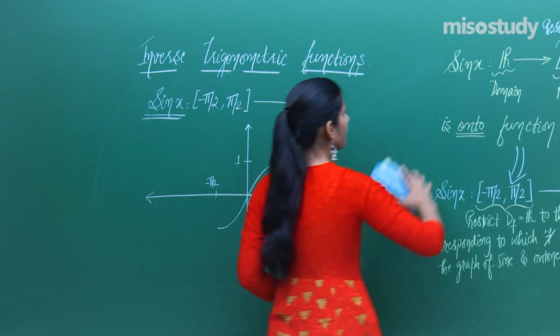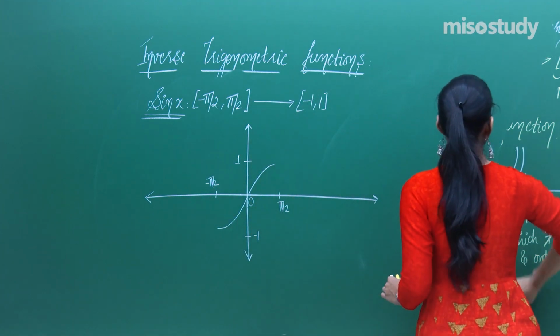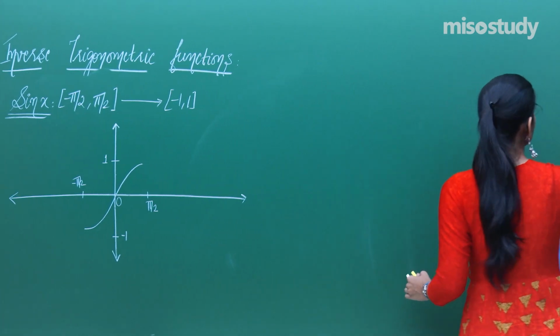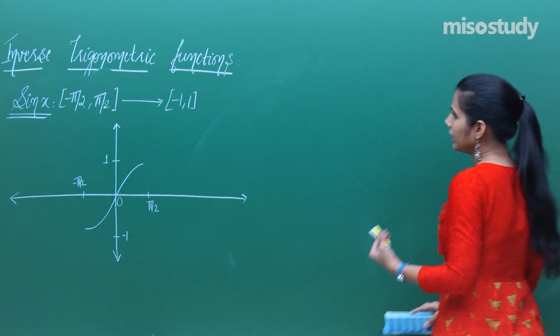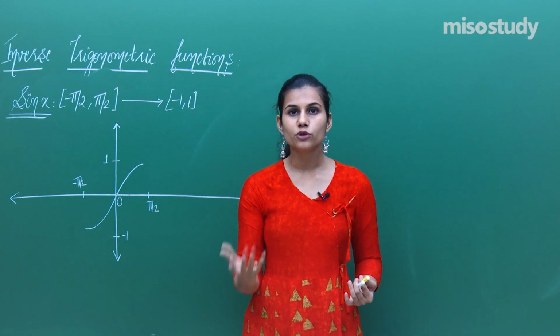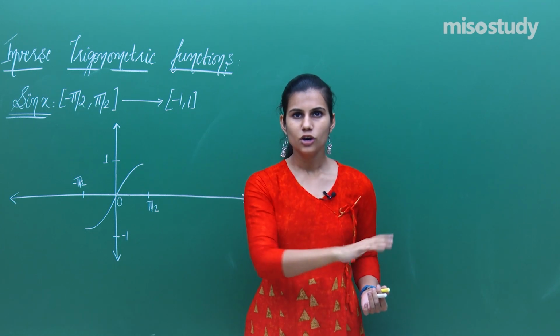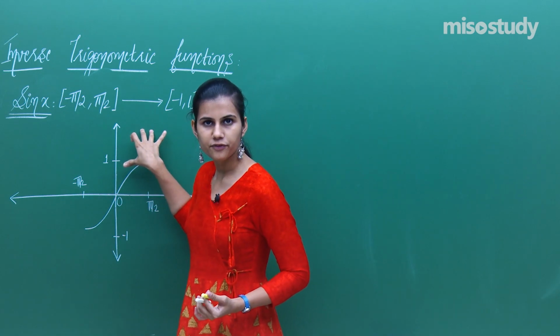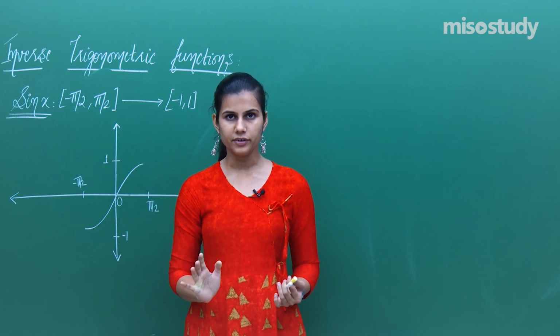Now, I am interested in the graph of sine inverse. Now I am going to teach you a drill, something that is always going to help you in your entire life to draw the graph of an inverse function from the given function's graph. If you are given the graph of f, how do you get the graph of f inverse?